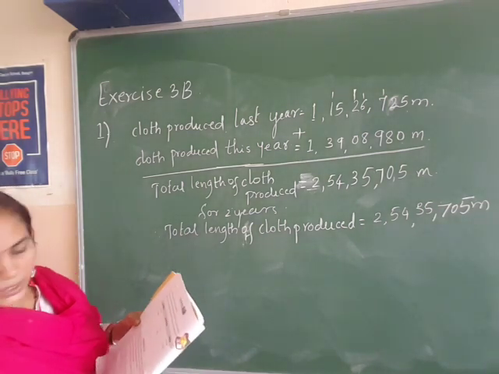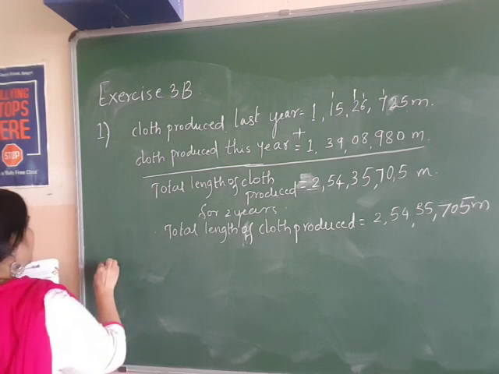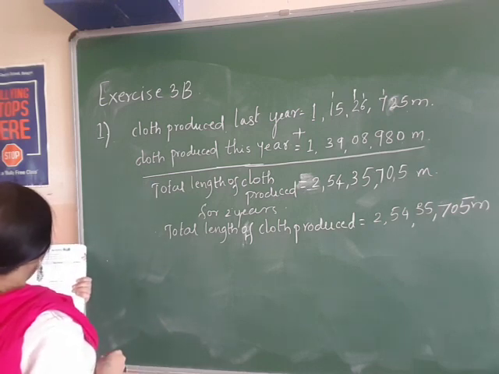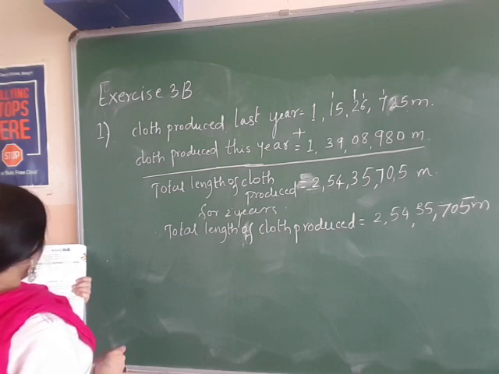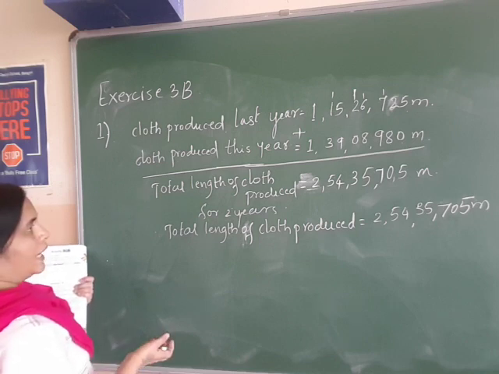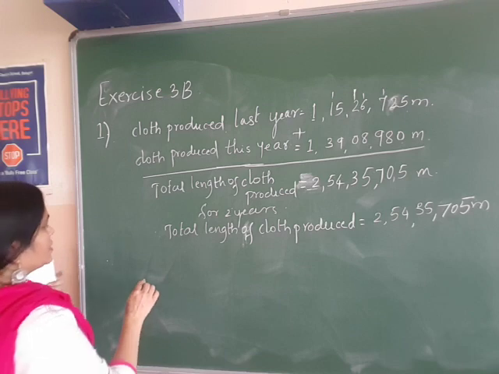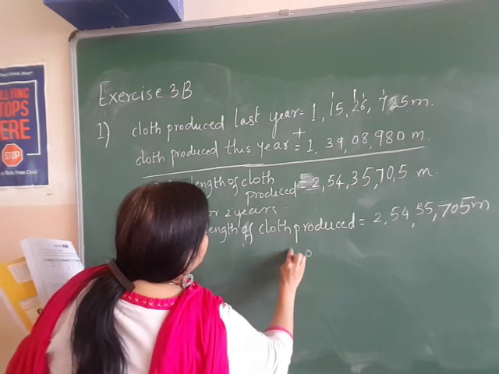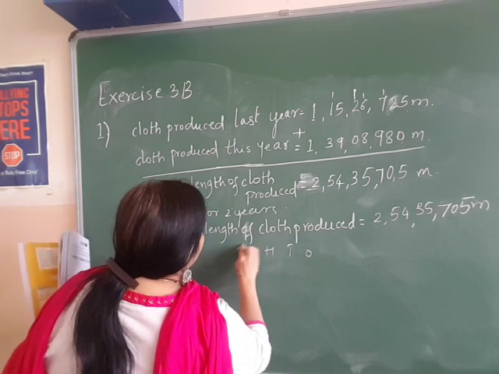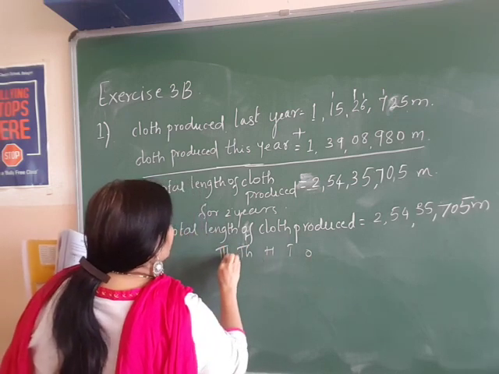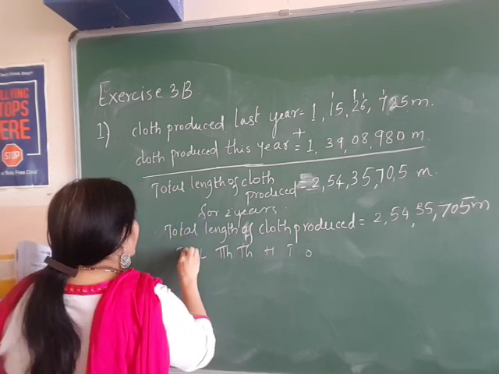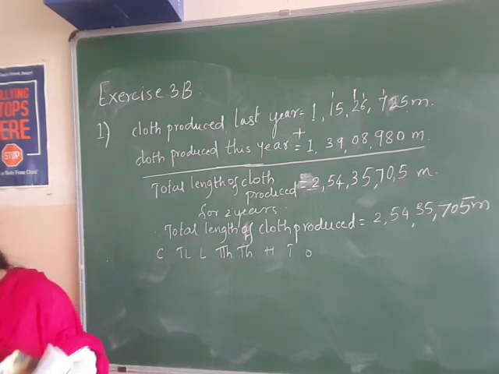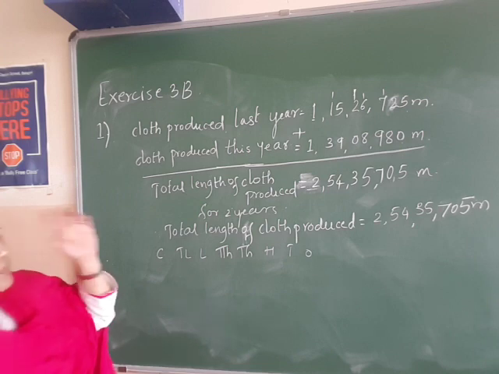So here, how much more cloth was produced this year compared to last year? You have to subtract. Here I will place a place value chart: ones, tens, hundreds, thousands, 10,000, lakh, 10 lakh, and crore.